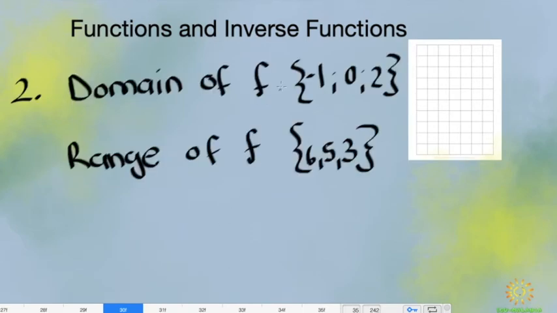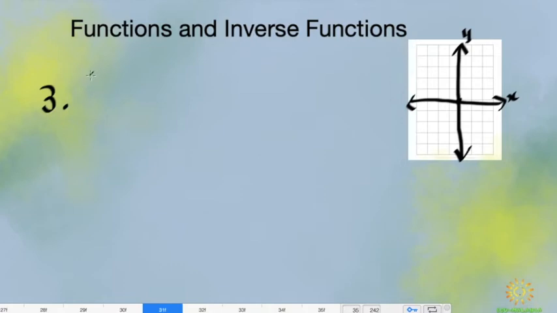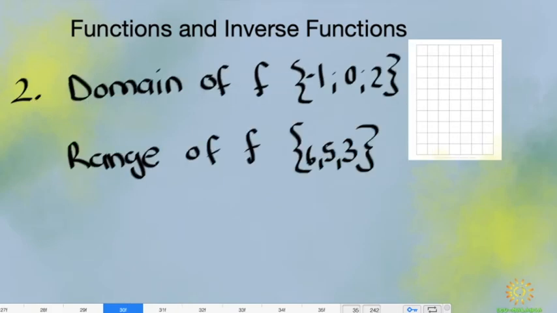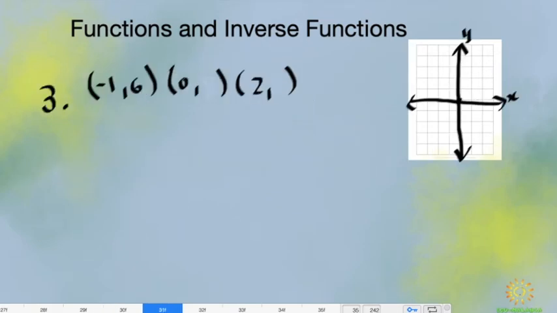So I had -1, 6, 0, 5, 2, 3. I'm going to be smart about this: -1 went with 6, right? The value that corresponded to 0 was 5, and here we had 3.